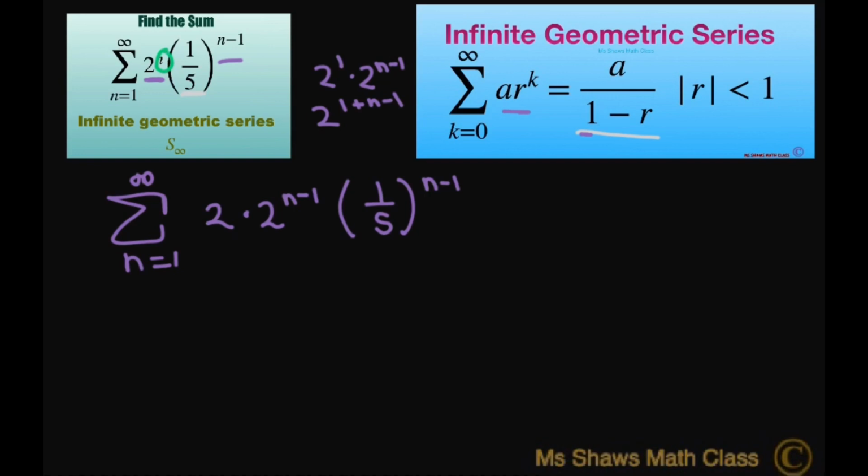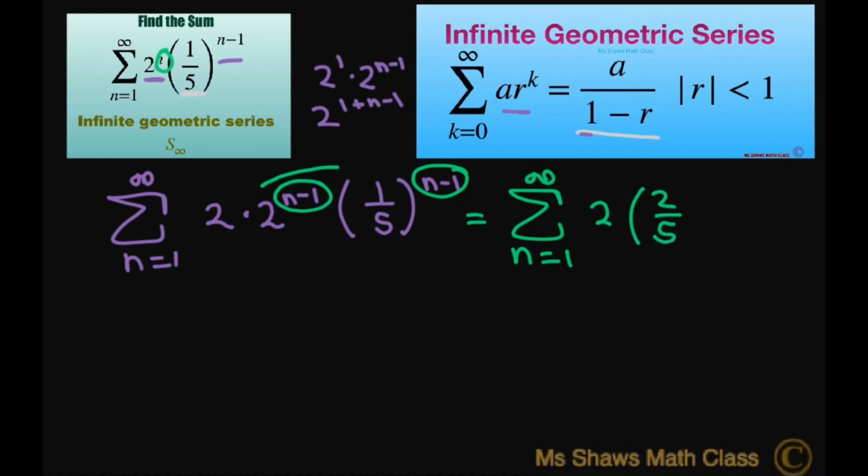All right, so basically these have the same exponents. So I can combine these and write this as the sum from n equals 1 to infinity, 2 times 2/5 to the power of n minus 1.